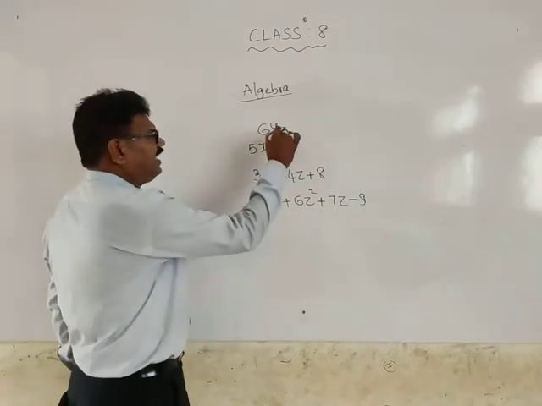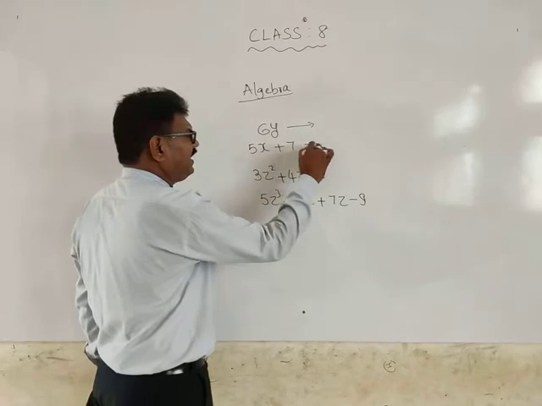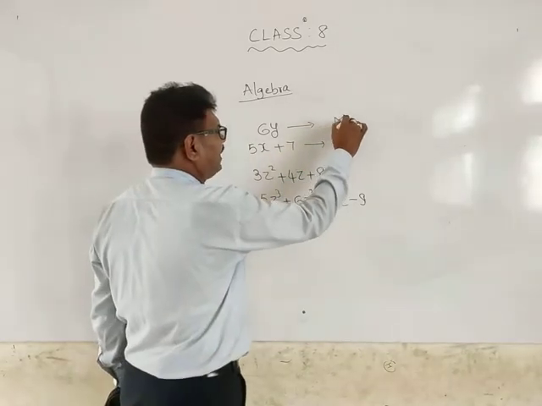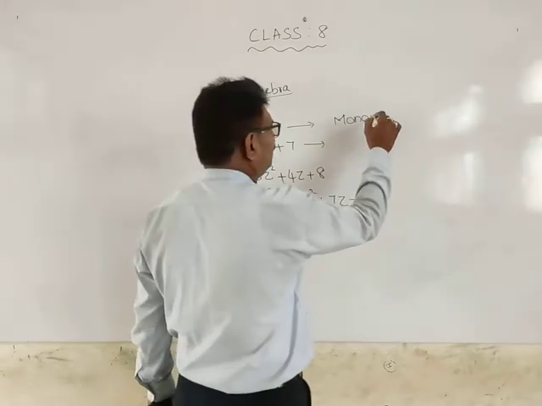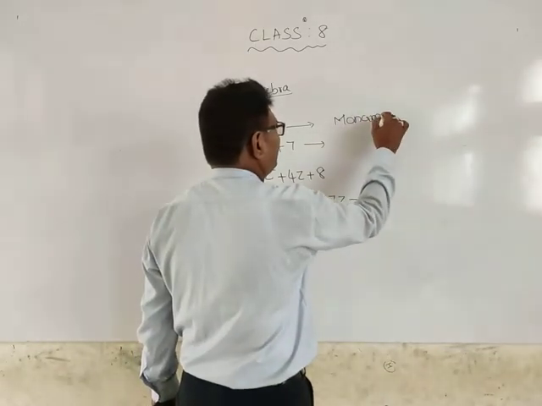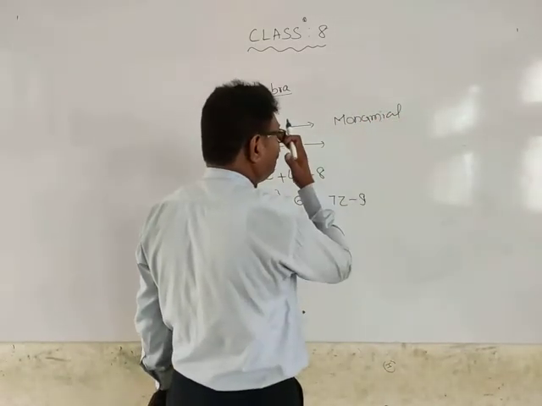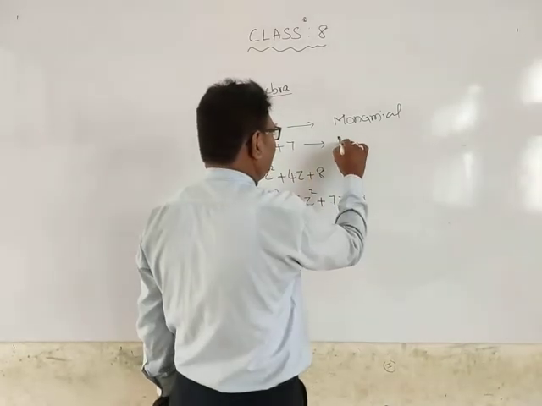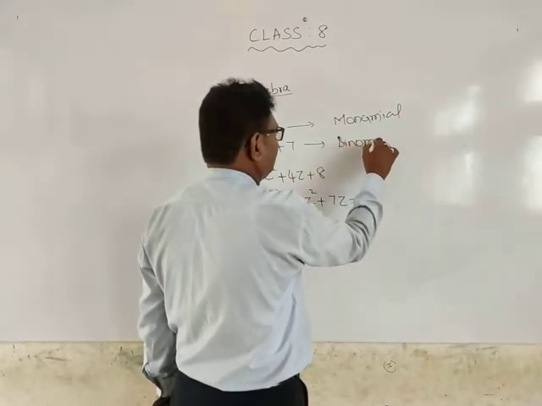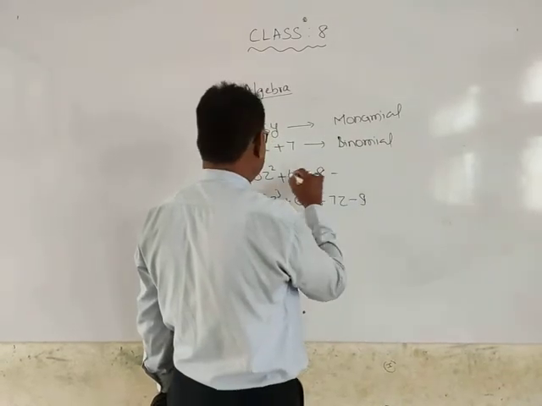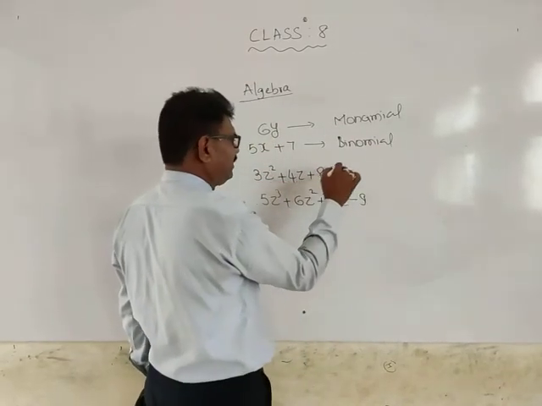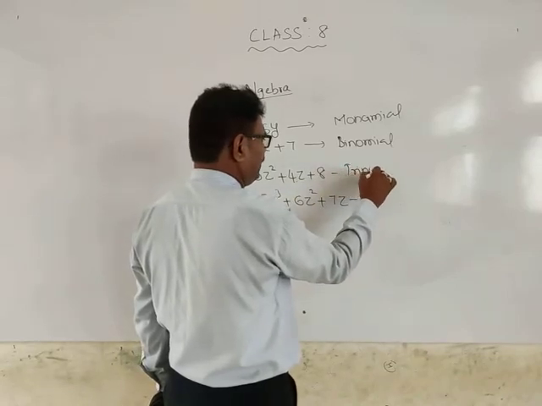If you see here, only one term is there, therefore it is known as monomial. What is that? Monomial. Second one, if you see, binomial. What is that? Binomial. Third one, if you see, here 1, 2, 3 are there, trinomial.